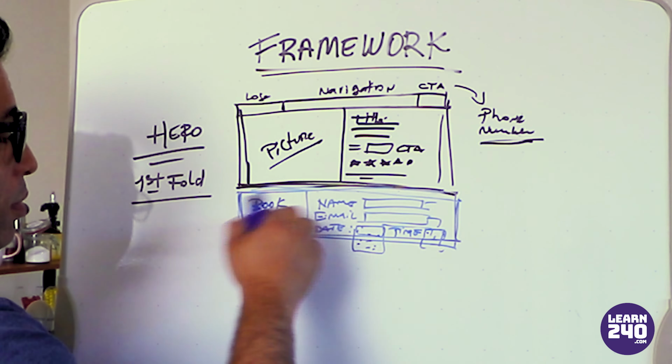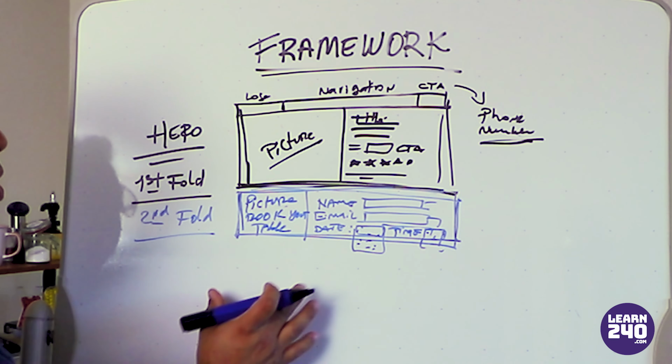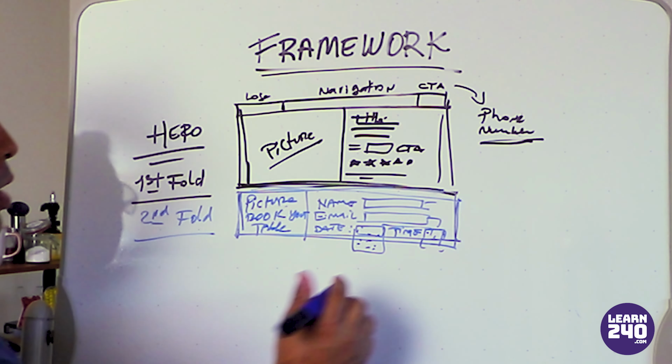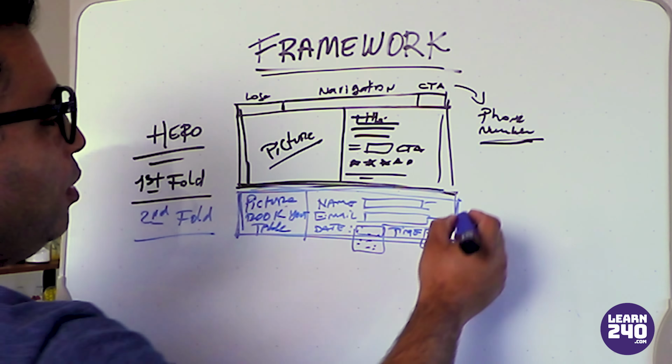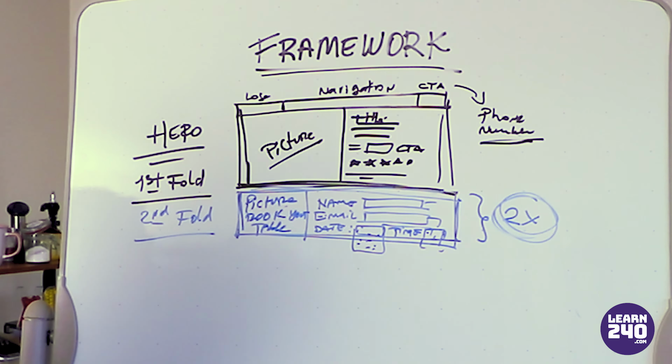This is not exactly what it's going to be, but it's a way for you to mark that this area, after the first fold, on the second fold, is going to be my most important area, where they can book the table. Also, make sure you can repeat this same module anywhere on your website. So this is our booking functionality.